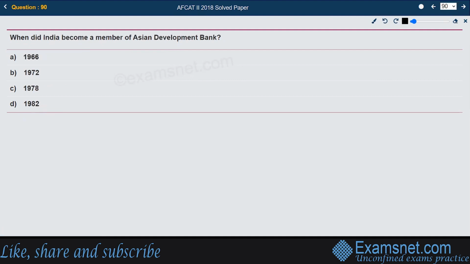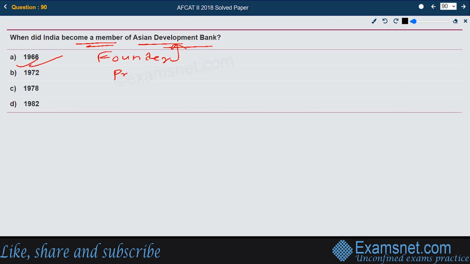Next question. When did India become a member of the Asian Development Bank? The right answer is 1966. India became a member of the Asian Development Bank, and India was a founding member also.